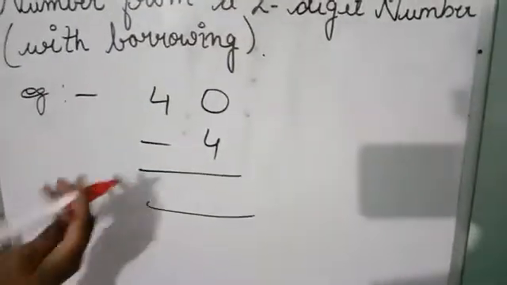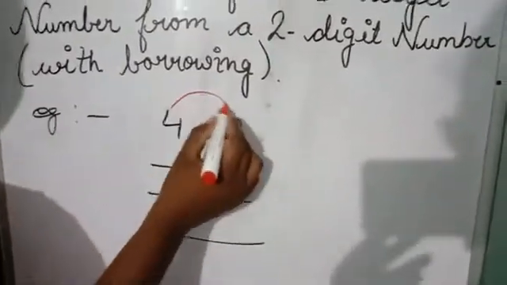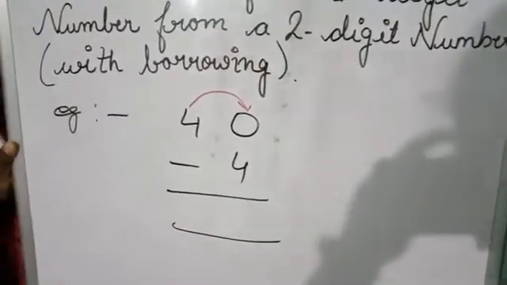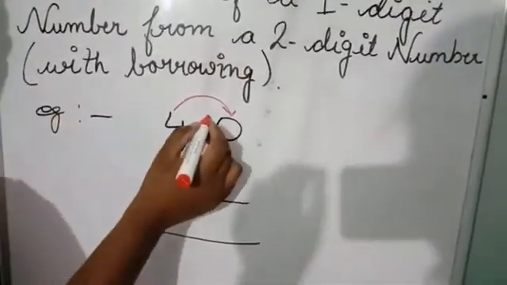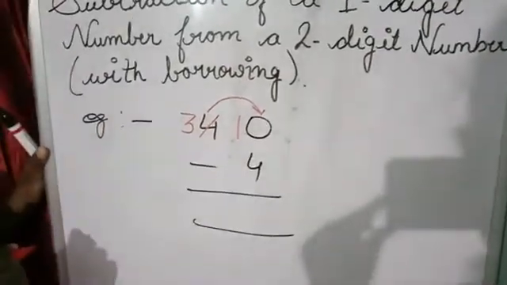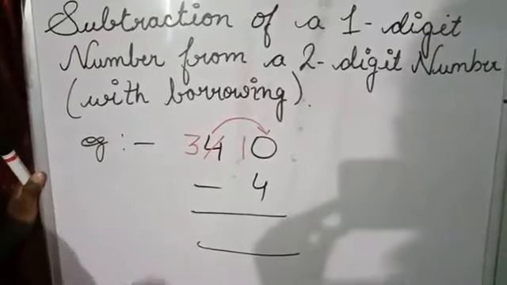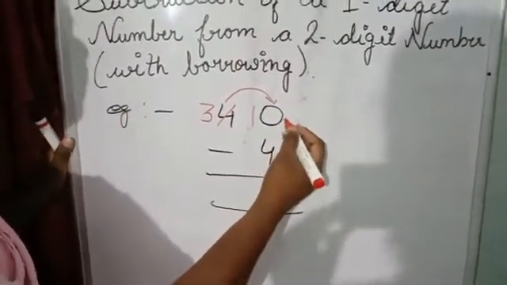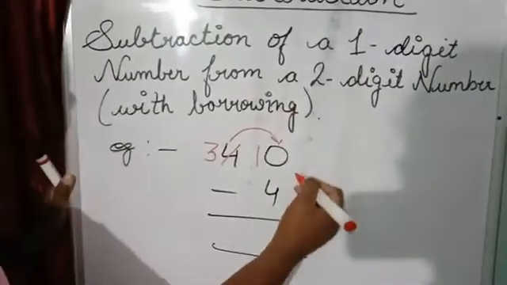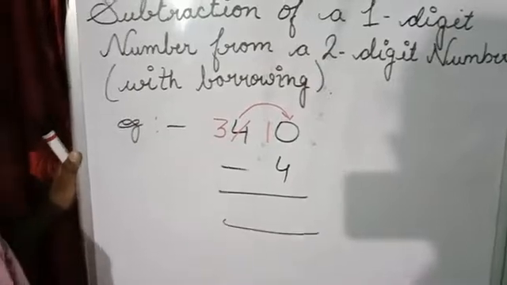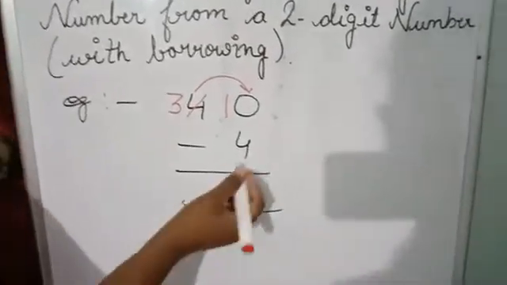We have to borrow one from 4, and when we have borrowed from 4, it becomes 10 and 4 becomes 3. Okay? So now it's possible to subtract? Yes, because the upper number is bigger than the lower number, that means 4.